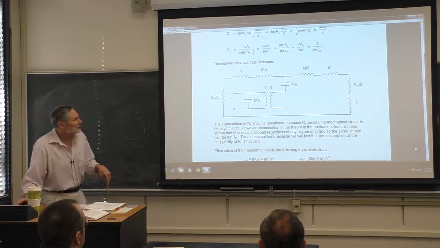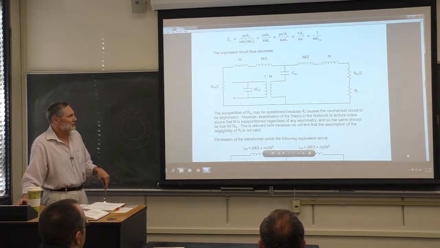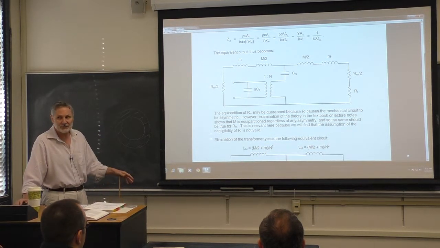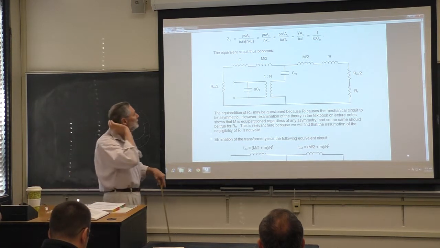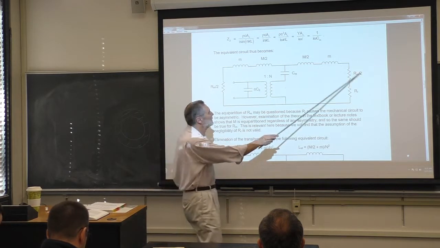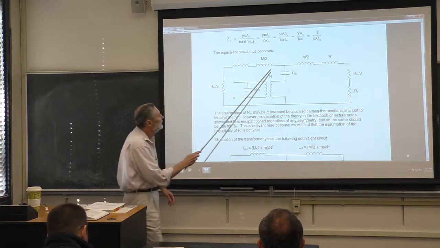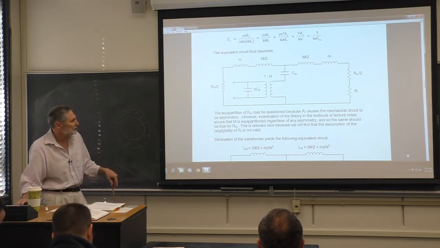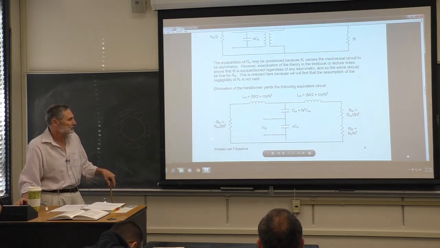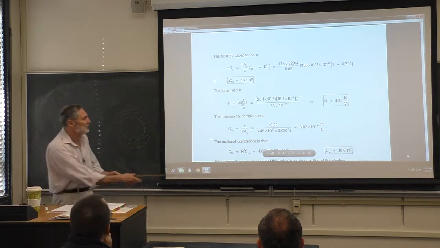Now the next step to handle this is to do calculations. We've got to eliminate the transformer. To solve for these quantities here, we need to go electrical. So we remove the transformer, and we use the standard rule that we've used a number of times.